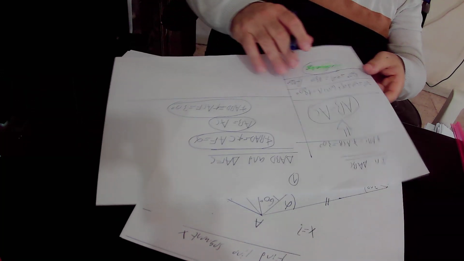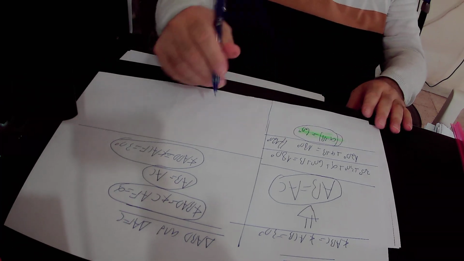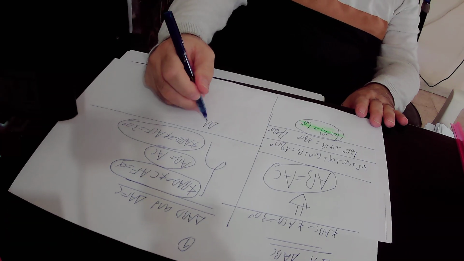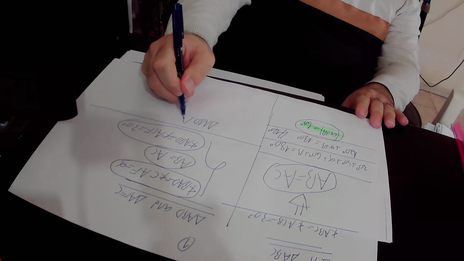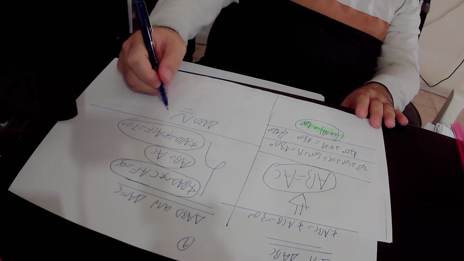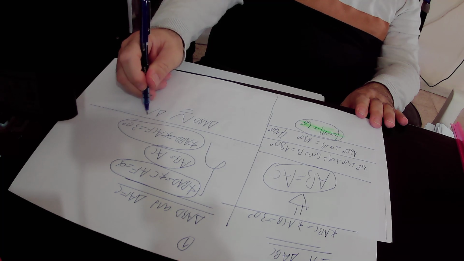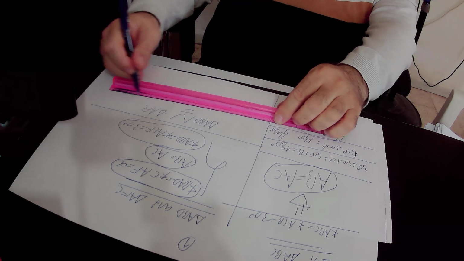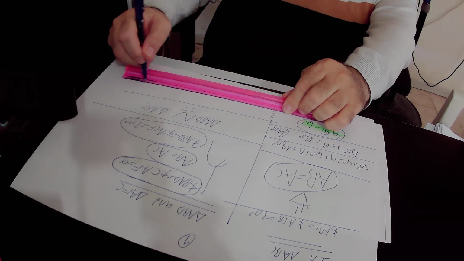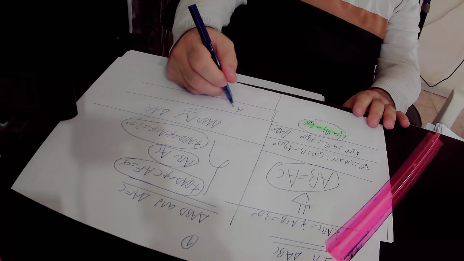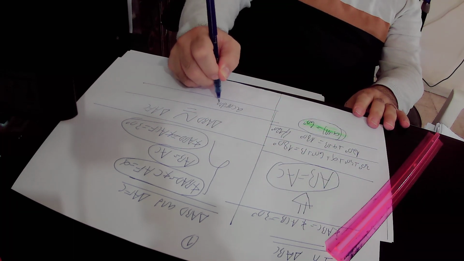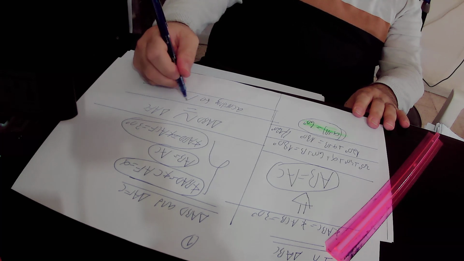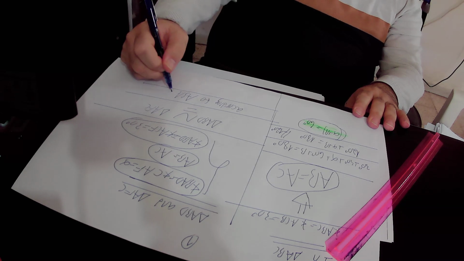So we actually prove that the triangle ABD is congruent to triangle AFC according to the angle side angle rule.